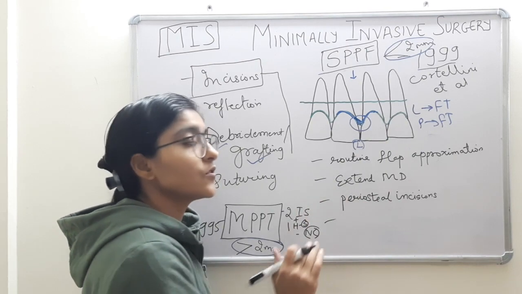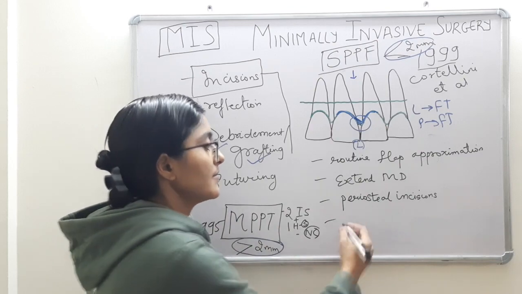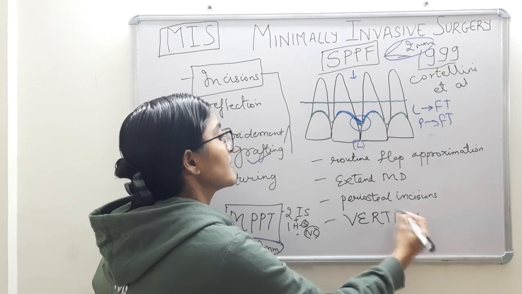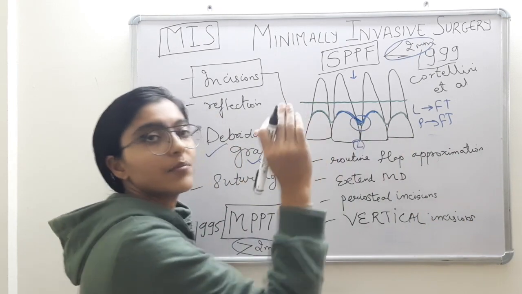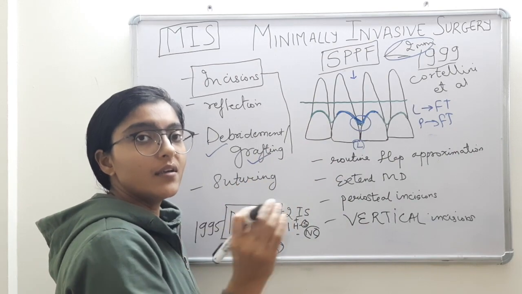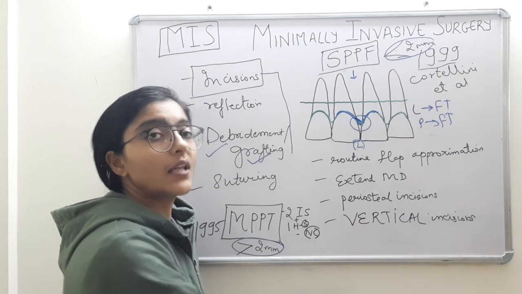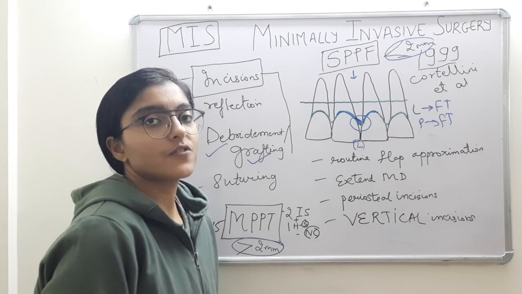And if that also doesn't provide us primary closure, the last option is, don't be shocked, vertical incisions. As already told you, vertical incisions are not contraindicated in minimally invasive approach, but they are avoided as much as possible. But see here, the last approach to achieve primary closure is vertical incisions.